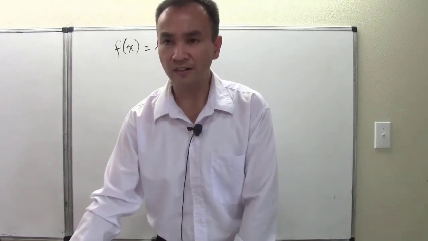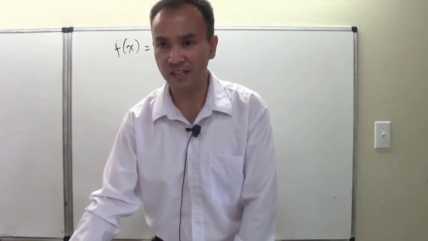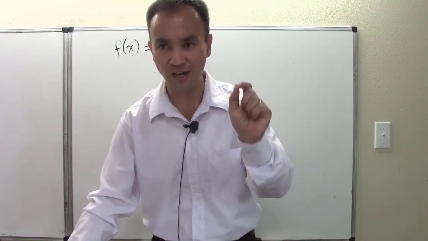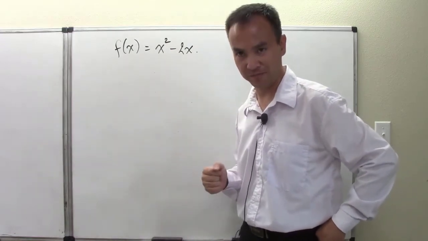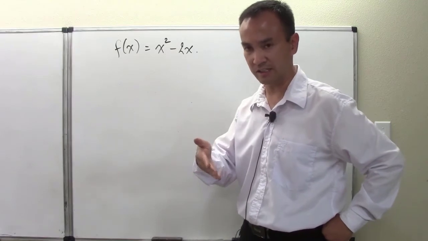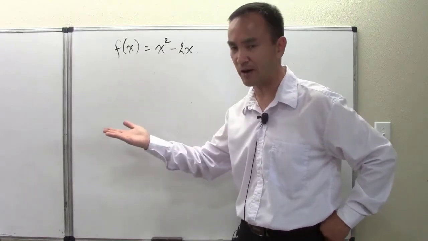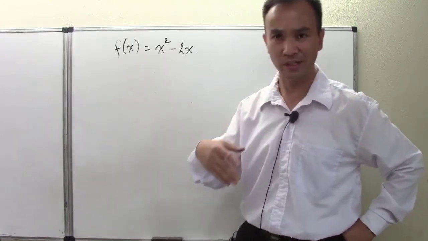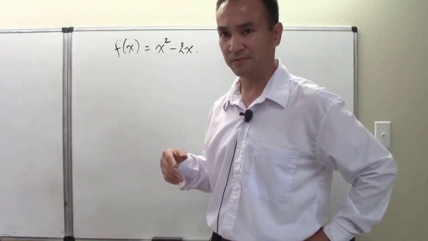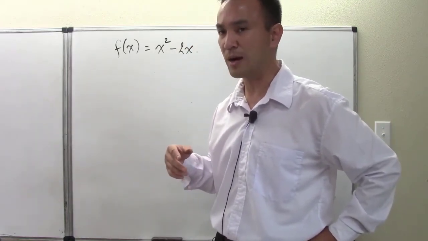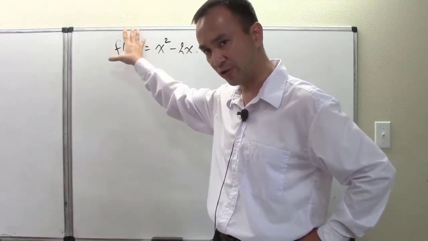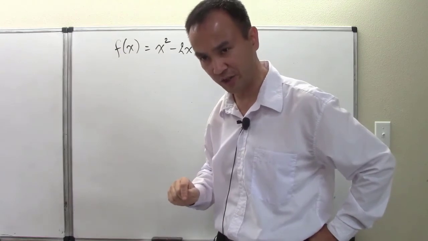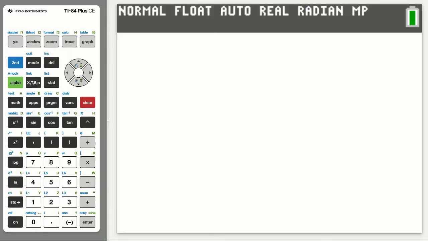This is one fundamental thing when you work with any technology to get a graph: you have to find a way to input this function into your technology. It doesn't matter if you're using your TI calculator or your HP calculator or your Casio calculator, or even any software or programs that you are using over the web. There has to be a way to provide your function to the technology that you're using. So for the calculator, here's how we're entering the function into the calculator.